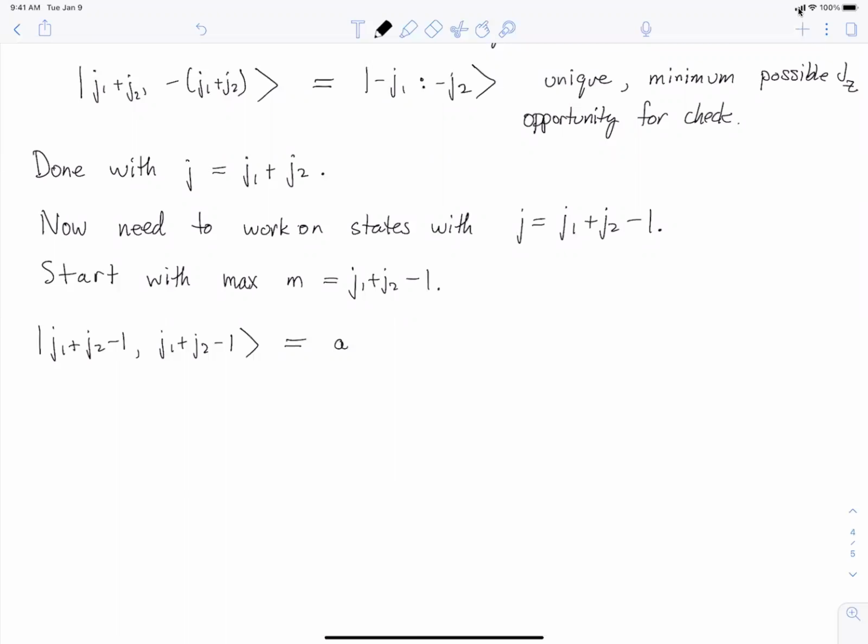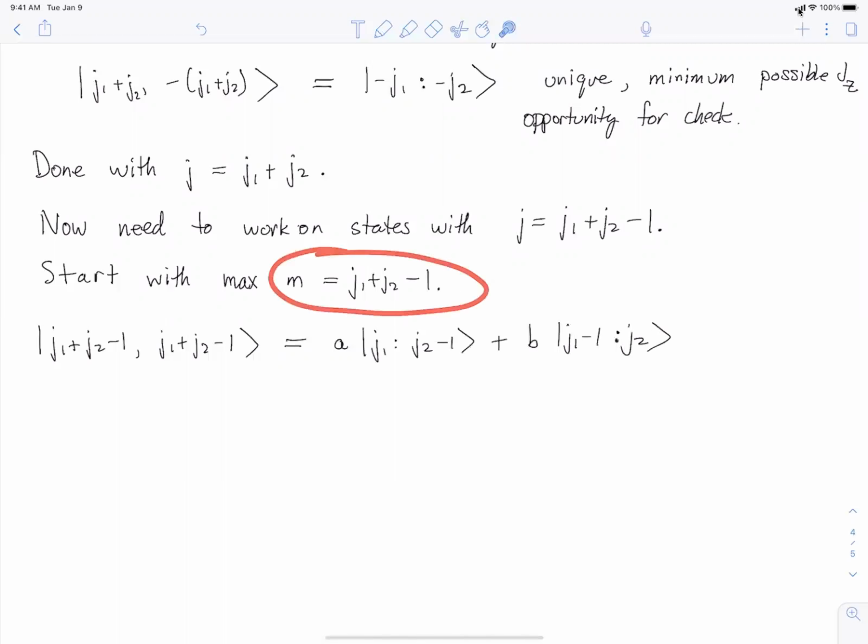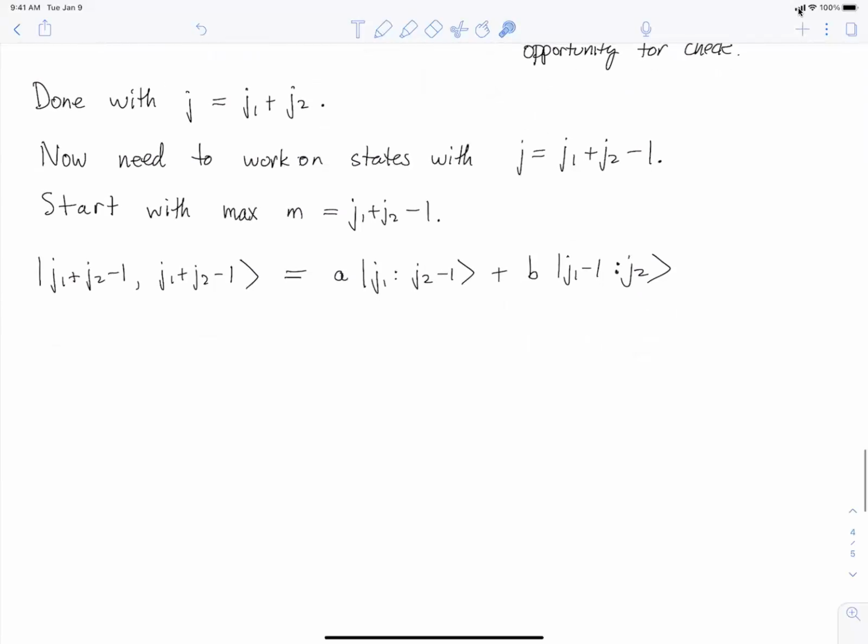So I'm going to write A times J1, J2 minus 1 plus B, J1 minus 1, J2. Those are the only two states that can have this value of M here. And so it must be some linear combination. And a good news that we know is that it's not degenerate.